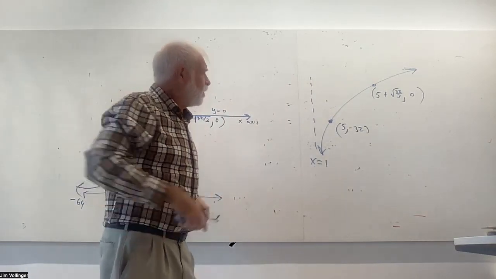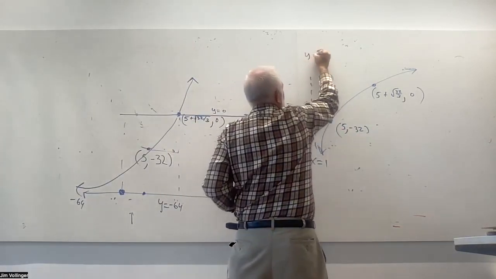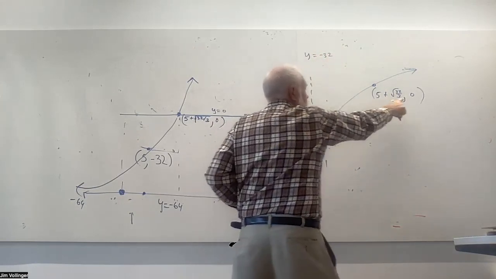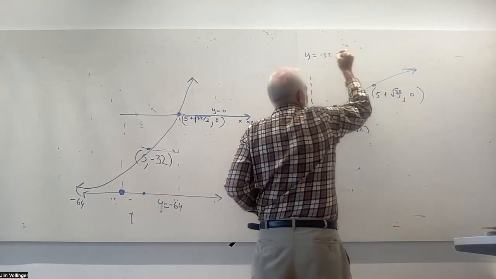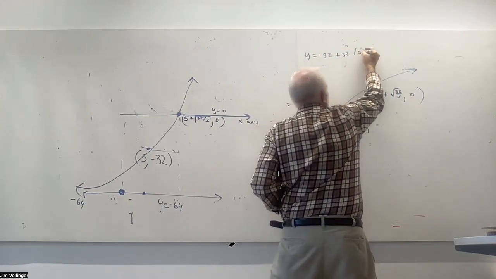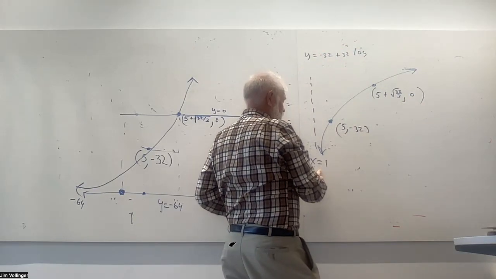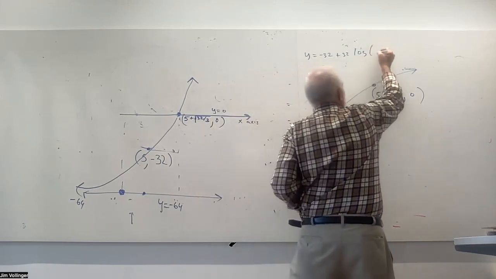Okay, so what's this equation? Let's just do it. First y value I see is negative 32. How do I get to a height of 0 from negative 32? I got to go up 32. All right, it's a logarithm with an asymptote of 1. Then I better have more than one.